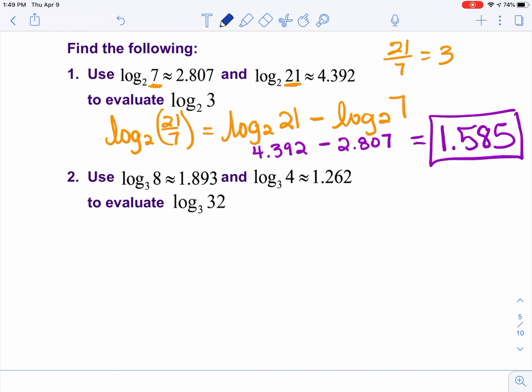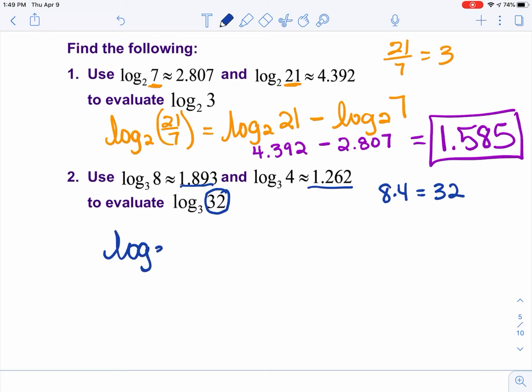Here we go. So we have log base 3 of 8 equals this. Log base 3 of 4 equals that. Somehow I'm going to have to get the value of 32. Well, 8 times 4 gives us 32.